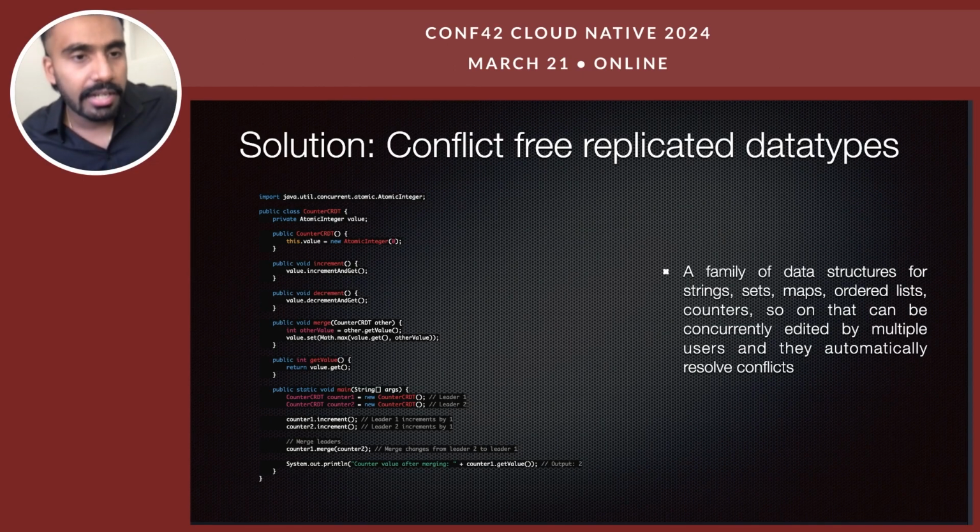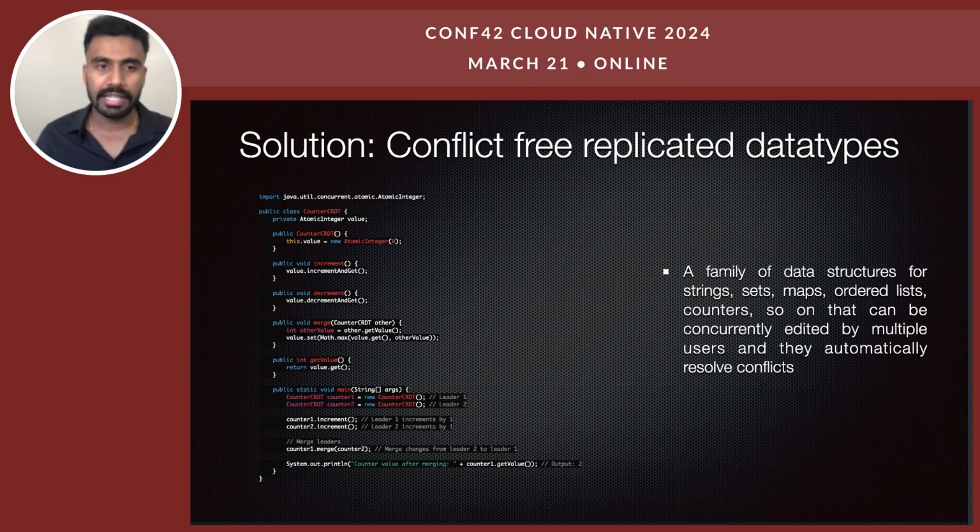I gave an example here. I thought integer is easier to explain, so I gave a code sample. You can see it's not a regular integer which is declared. It is an atomic integer, which comes with the concurrent atomic import utils. You can see in the main block, two objects are instantiated for leader 1.